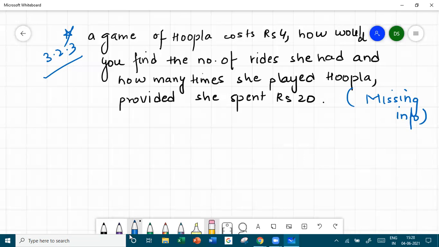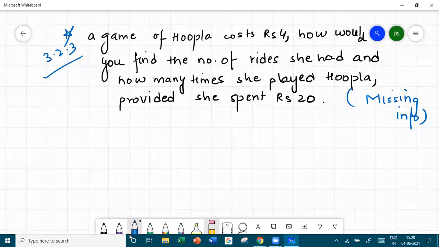Okay, so if you have noted it down, you can solve and you can tell me the equation. I mean, you don't need to tell me the answer. Just the equation should be sufficient.